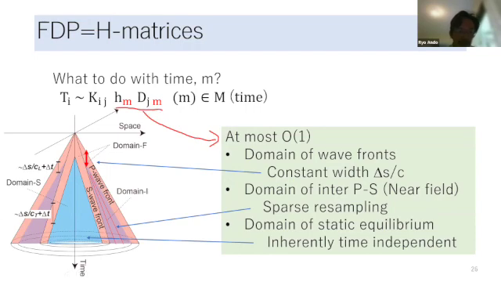But we don't worry much about it because the integration over time has at most order of 1, which is constant. This is the reason.